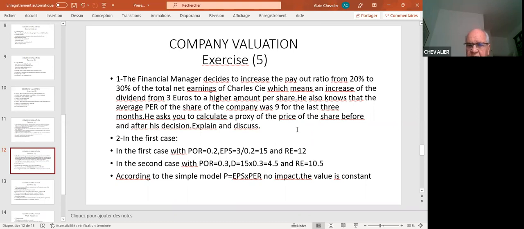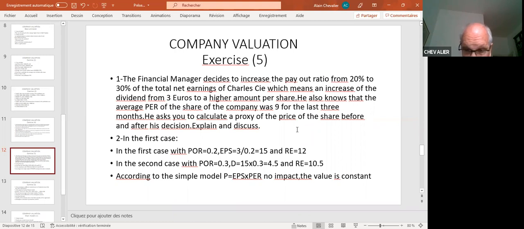In the second case, when we decide suddenly, because we want to attract more shareholders, or we are preparing, for example, an equity issue in 6 months or in 9 months from now, we decide to increase the payout ratio, and the payout ratio here, instead of being 20%, is now 30%.